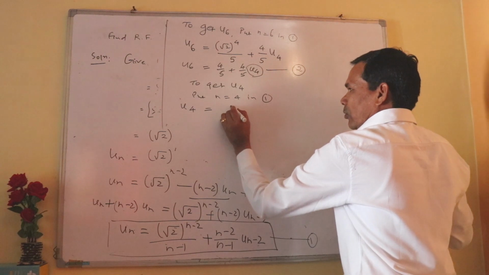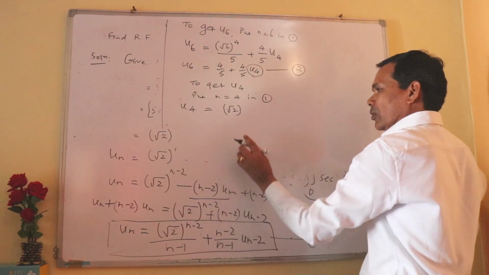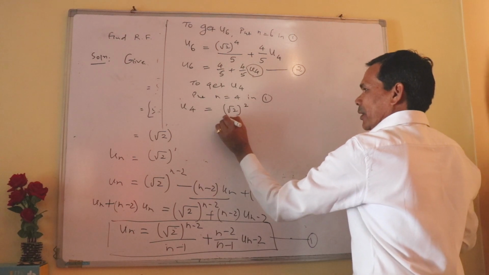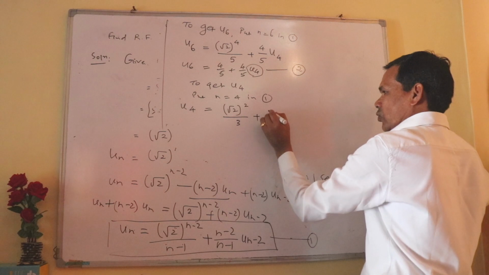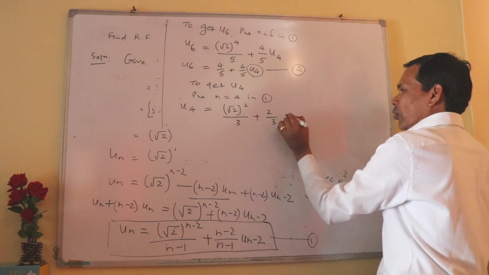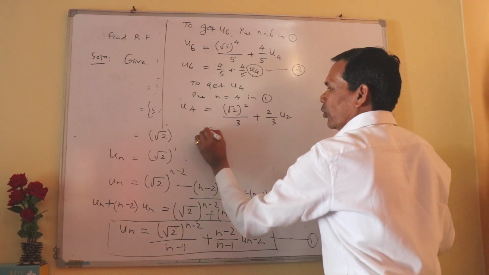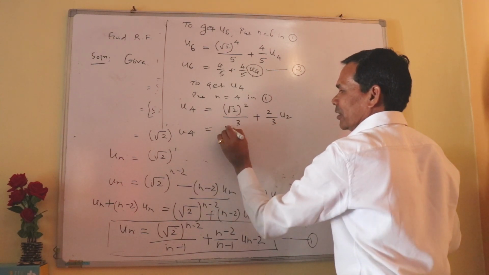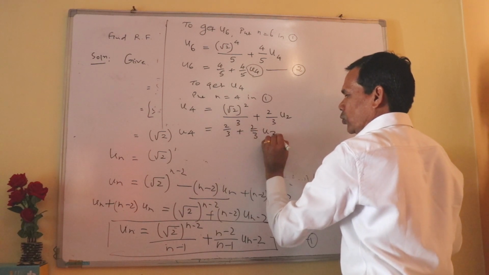So root 2 bracket raised to 4 minus 2, it is 2 divided by 4 minus 1, this is 3, plus 4 minus 2 is 2 divided by 3, then n is equal to 4 if you are putting, then U2 you are getting. So U4 you are getting as 2 by 3 plus 2 by 3 into U2.